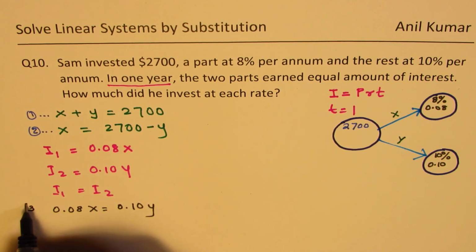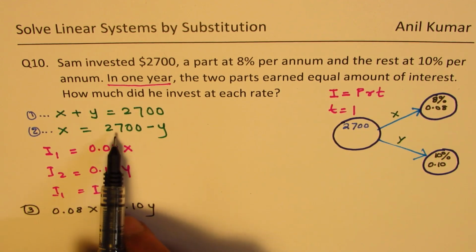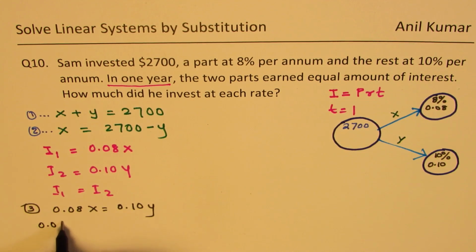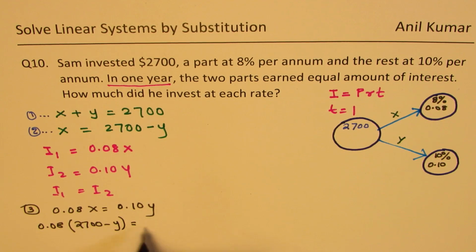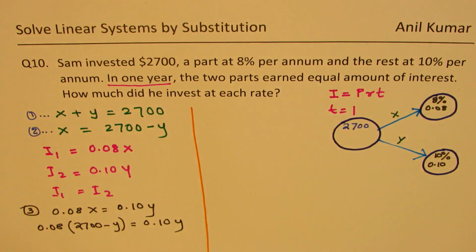So we'll see this as our equation number 3. Substituting 2700 minus y for x, we get 0.08 times 2700 minus y equals 0.10y. Now we have an equation in one variable which we can solve.